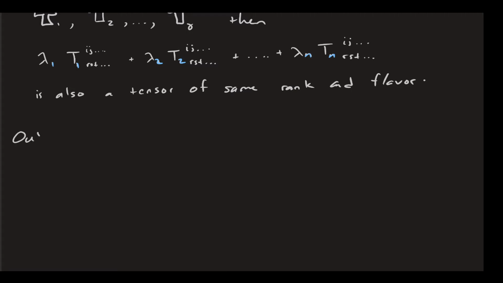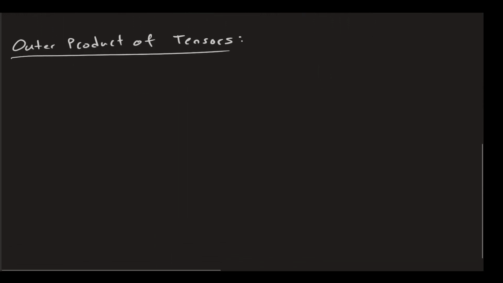The outer product of tensors is a new operation for tensors that we're not really super familiar with. I'll just phrase it in terms of an example.